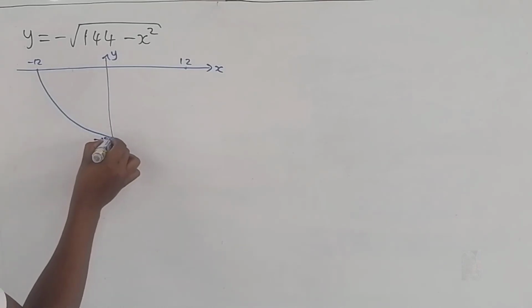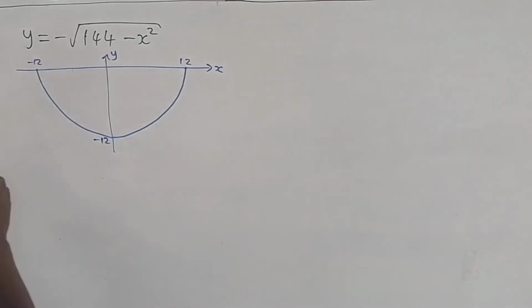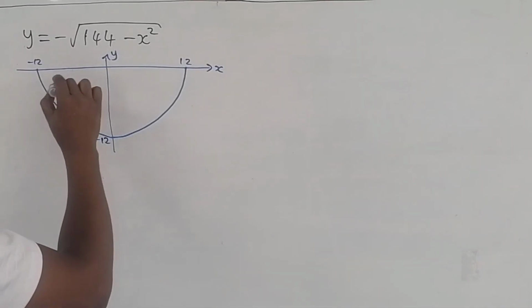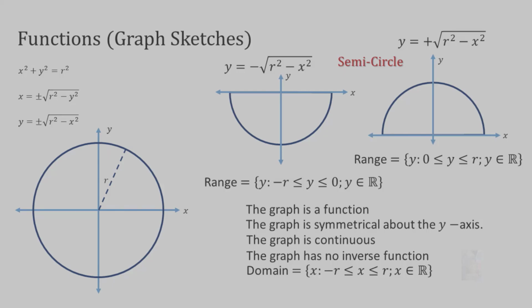So the square root of 144 will be plus or minus 12. Then you can only take negative 12 for y, and then for x you take both plus and minus 12. So that will be your curve. It has intercepts, it has the shape, and also we labeled our curve. Those are the 3 marks that you need for the test.